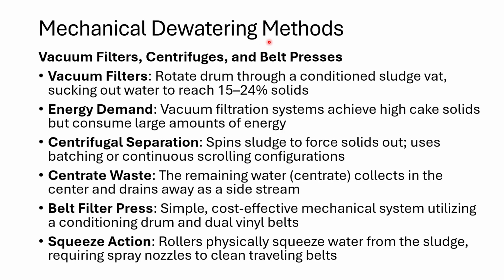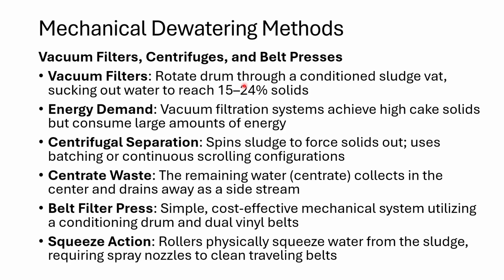Most places you're going to find, most, not all, but you're looking at belt presses, particularly in New Mexico, okay? Mid-sized plants, what have you, okay? And you can find plants that'll have a couple of these. So let's take a look at each one of these. So again, we are now looking at the thickened sludge that we're removing from the digester or the gravity thickener or the dissolved air flotation unit.